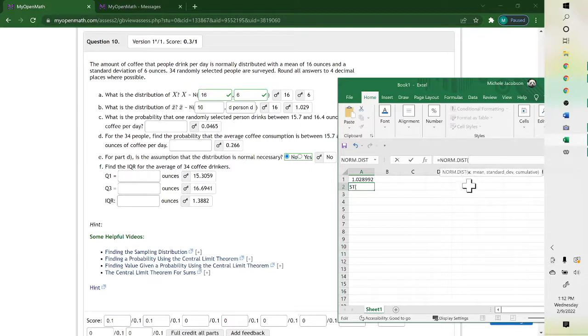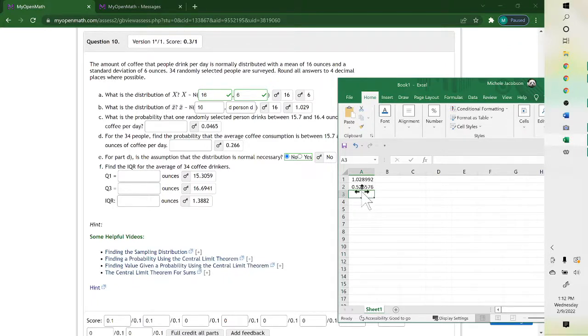First, we put our X value, which was 16.4, comma, our mean, and we're using the first one because it's one randomly selected person. So it's 16, comma, standard deviation was 6, and then cumulative, it adds up to 1 under your curve, so it's a 1. Then hit enter. Now this is the amount below 16.4.